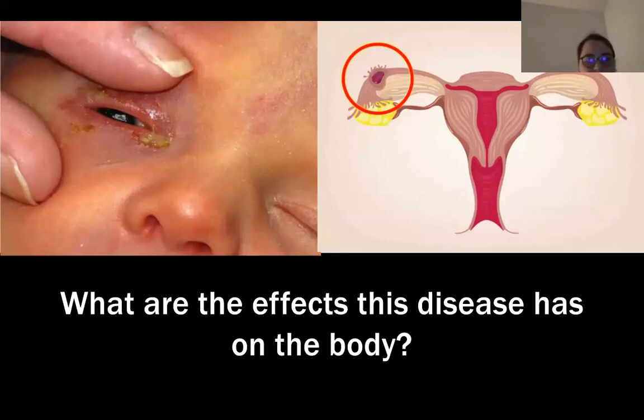In both men and women, this pathogenic organism can infect the liver capsule, causing Fitz-Hugh-Curtis syndrome, and can invade the submucosa and enter the bloodstream, which can collect in the synovial fluid, resulting in septic arthritis. And in neonates, it can inoculate the conjunctiva through the birth canal, leading to ophthalmia neonatorum, which is high risk for blindness.